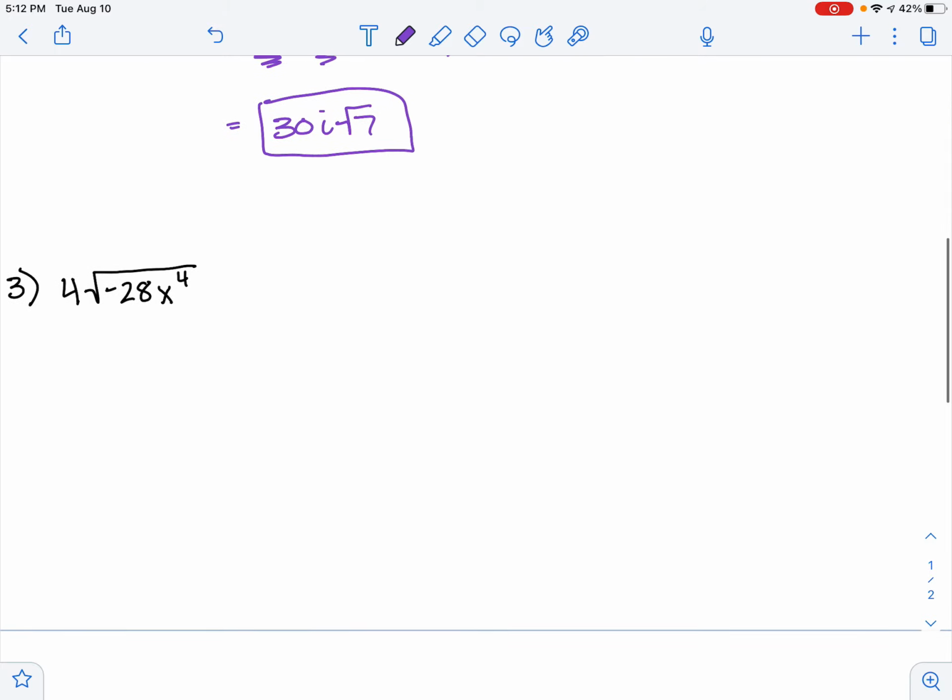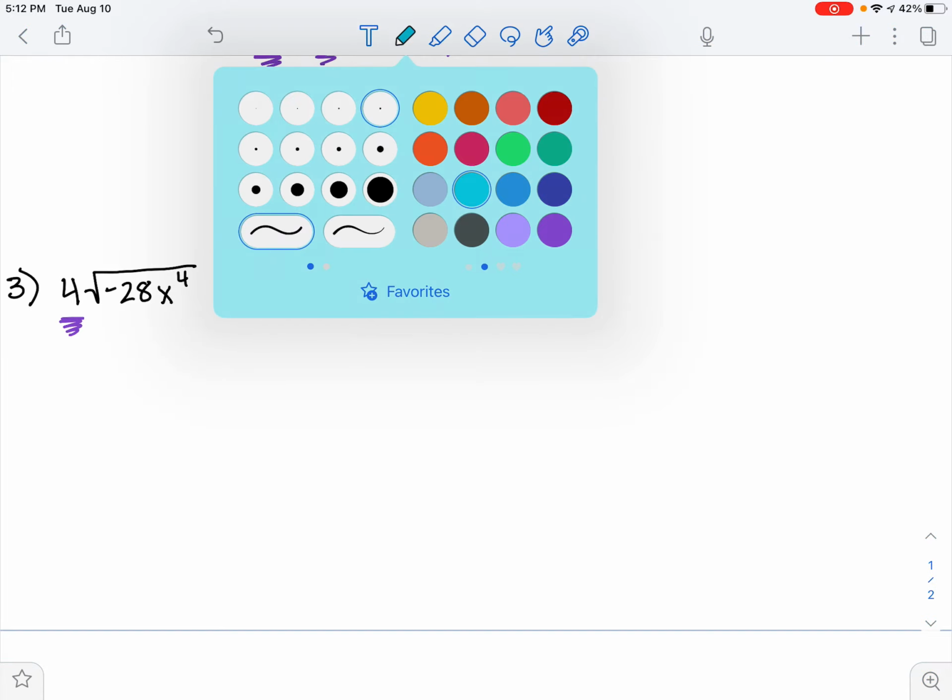Let's try example 3. With example 3, I have this 4 out in front. I'm going to break this up into each of their own pieces. Let's use different colors to show.